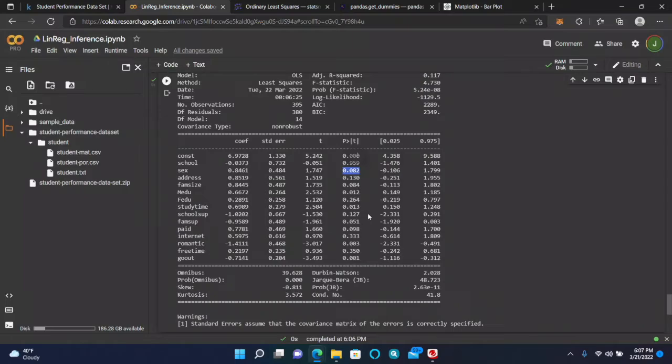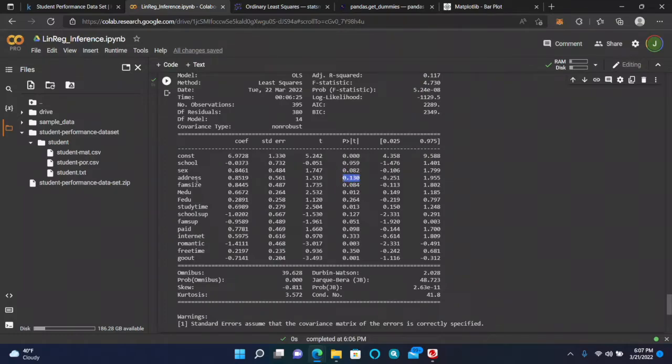So most often, people will say that, oh, it's statistically significant if the p-value is less than like 0.05. But that's kind of arbitrary. It's kind of nonsense to think about it that way. Just know that this is low enough that it kind of looks like there might be a relationship, all right, between being male or being female and a person's score, all right, a person's final grade.